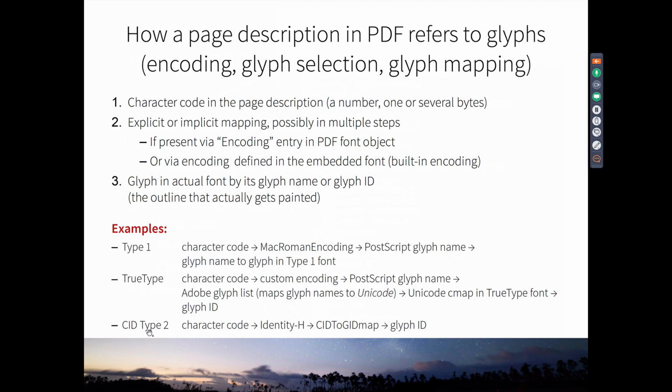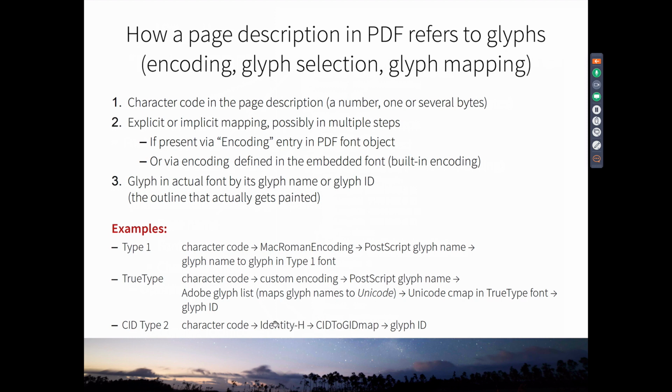Let us do the last one first, because that is easier. TrueType is always the most complex stuff. So we have a CID Type 2 font, and I will talk about what font types you can have in a PDF file later on. And in the easiest case, you have a character code.